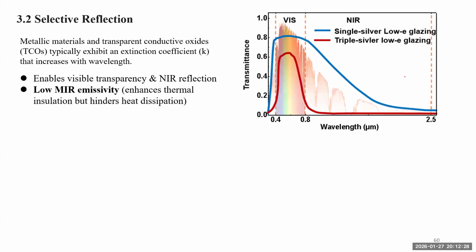So it can enhance the thermal insulation, but it has a drawback: it hinders the interior heat dissipation. If you choose low E coating and your home without air conditioning gets hotter and hotter, the low E coating will trap the heat and keep it from leaving the room.